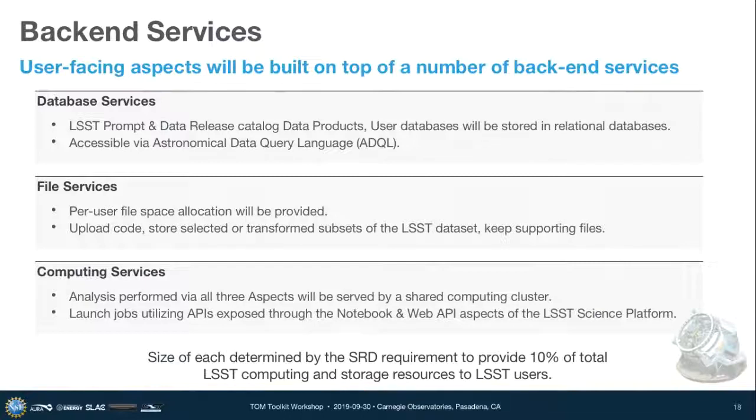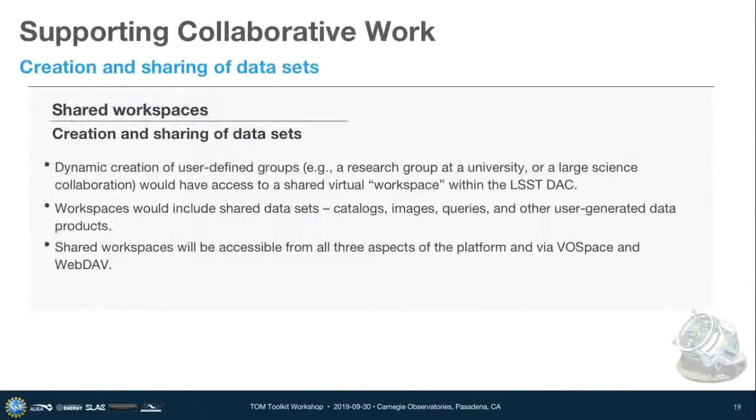We also have file services for both project files and user files. And computing services, there are the computing services needed by the aspects themselves to perform their immediate user functions, to let the user log in through the network to the notebook aspect and get a Python prompt or a terminal prompt, as well as additional computing resources that are available in a batch job-like way.